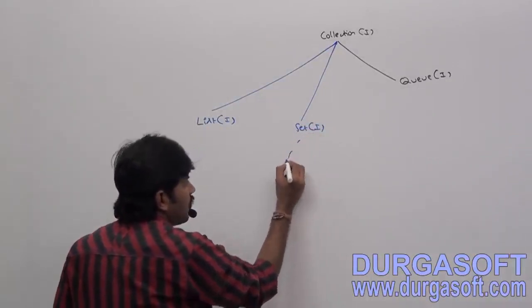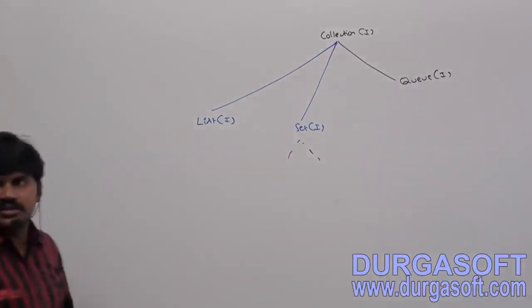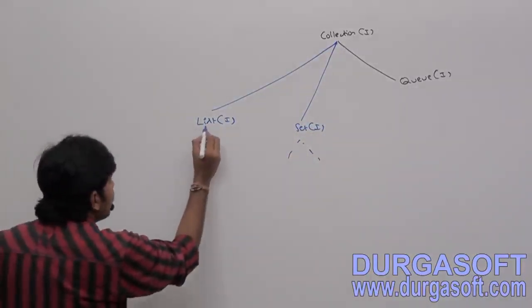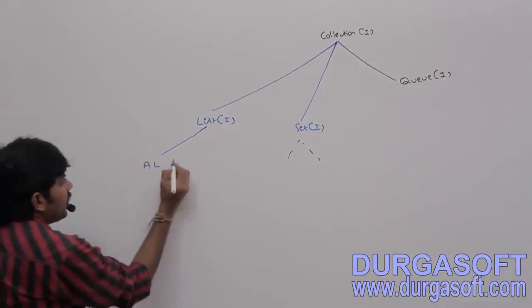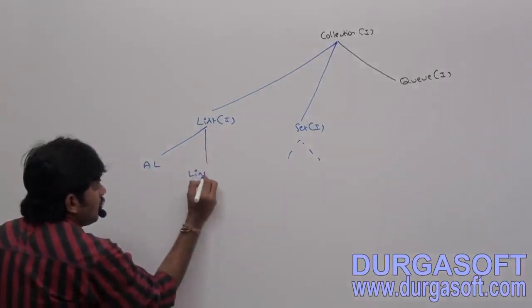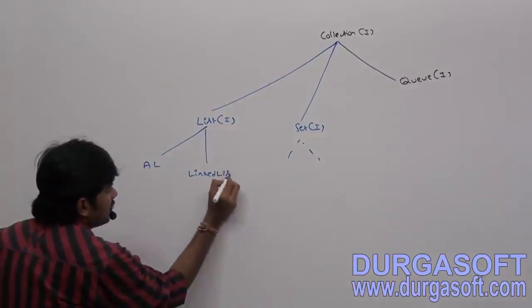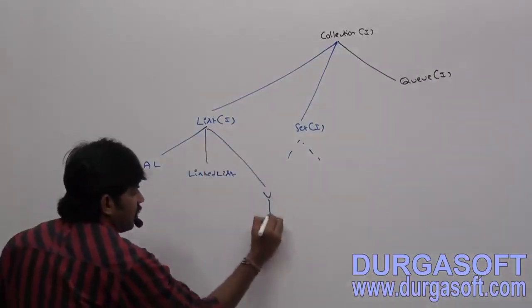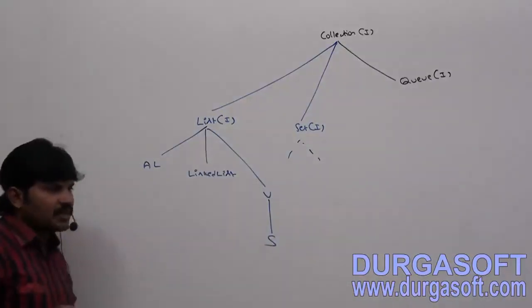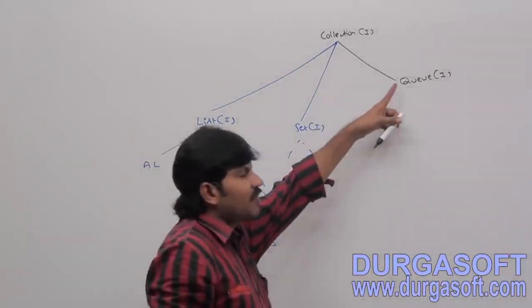Under list, there is ArrayList and LinkedList. At this stage it is not required to explain them. Vector is there, Stack is there. Next, this part is our main focus.